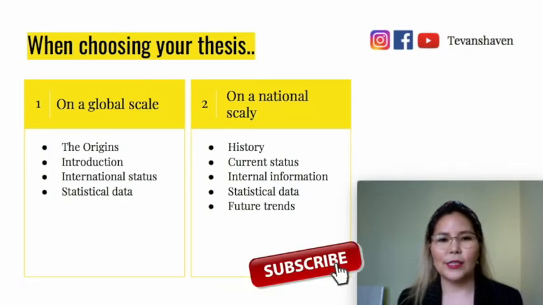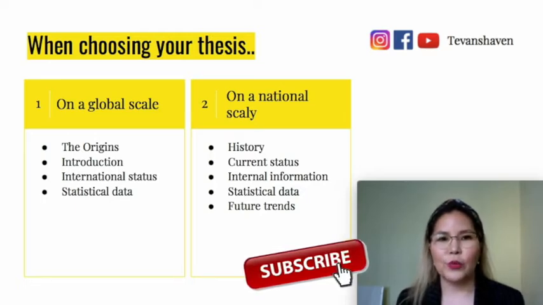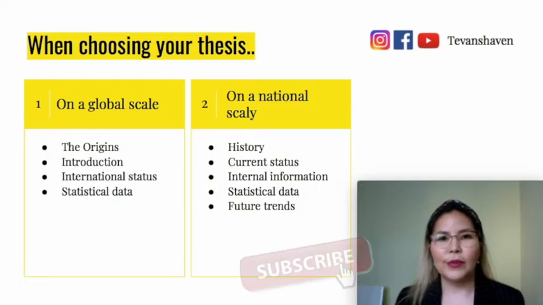So I advised, since Mongolia is rich in wool and cashmere products, why don't you do research on the global scale and be aware of the other countries that export their cashmere and wool products? What are the competitors aside from Mongolia?